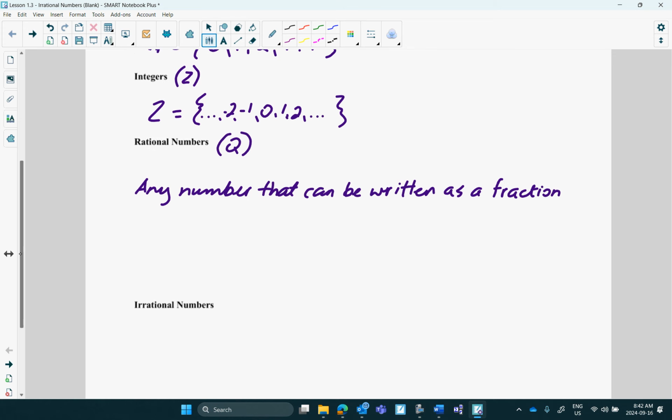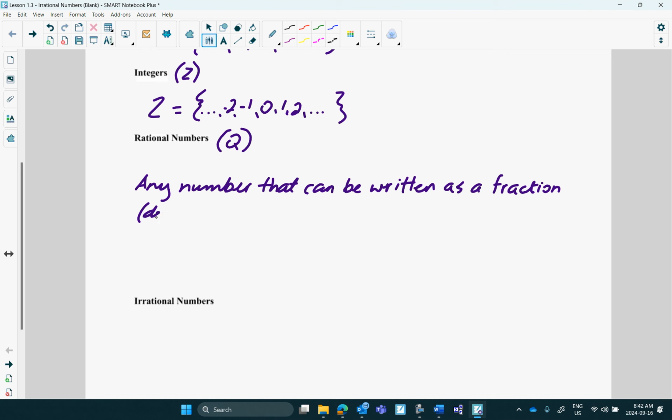With one exception, the denominator cannot equal 0, because we can't divide by 0.